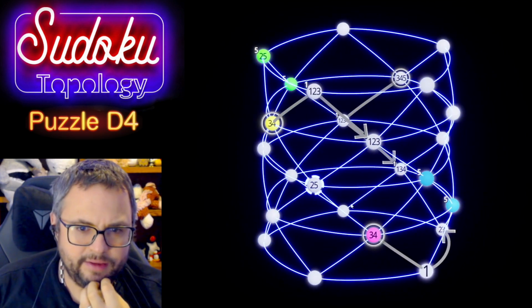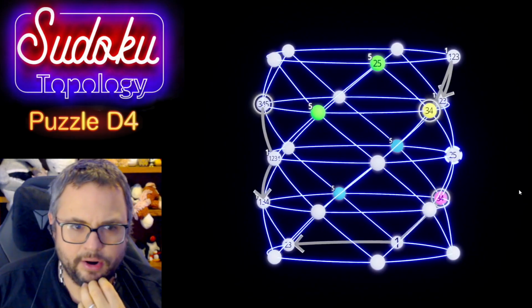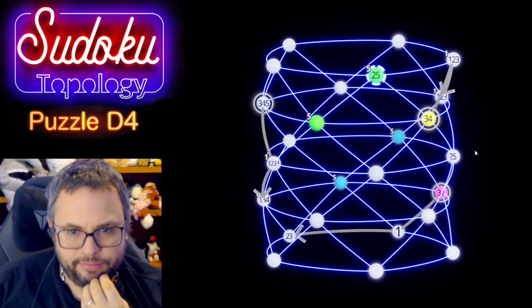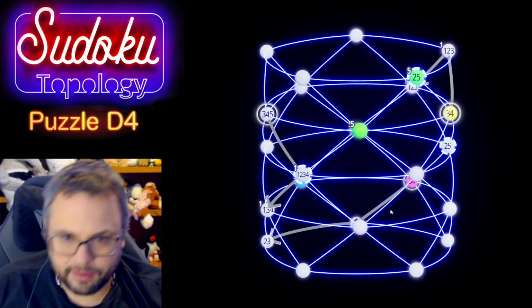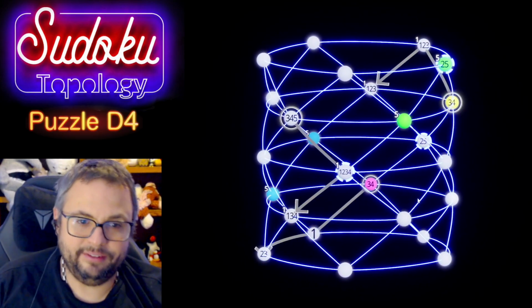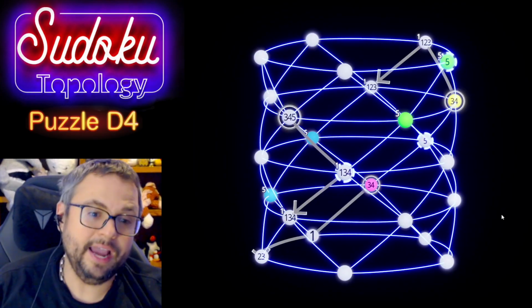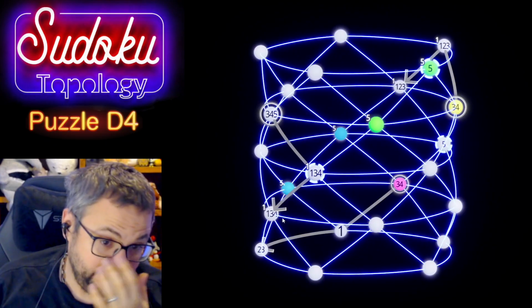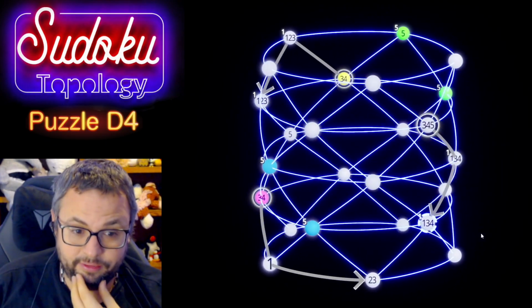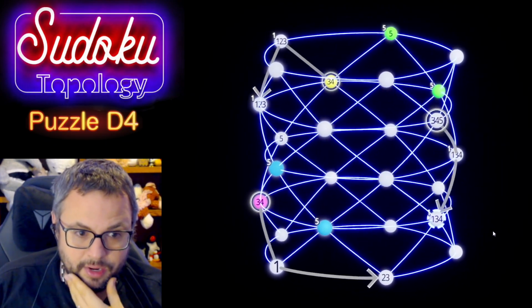Let's see. I do have this 2-5 pair. The 2-5 pair actually does look at this cell. So I know that cell's, funnily enough, not a 2 either, which is the weirdest. So somehow, in some really idiosyncratic way, I've deduced that this cell is not a 2.